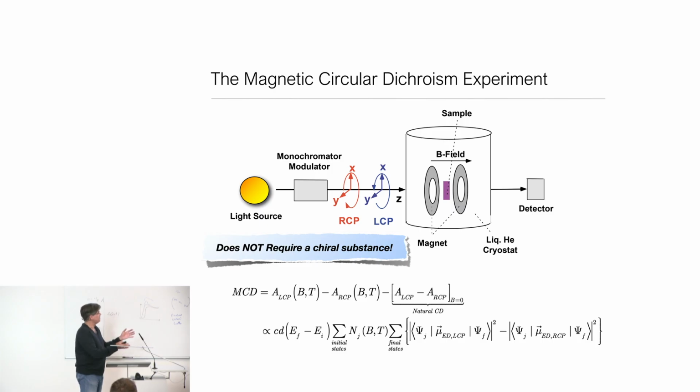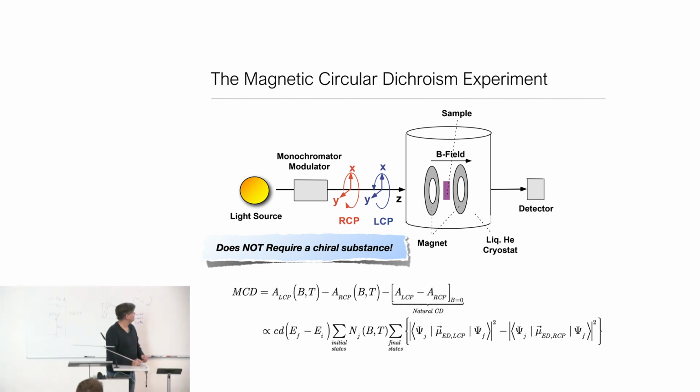It's basically squeezing a crystal with a certain frequency. It is alternatingly producing right and left circularly polarized light with a frequency of, say, 100 kilohertz or so.